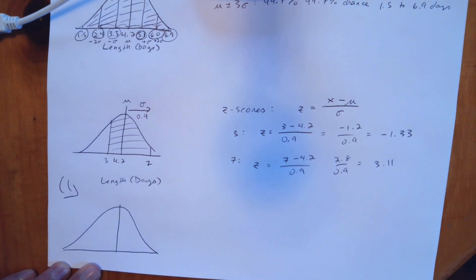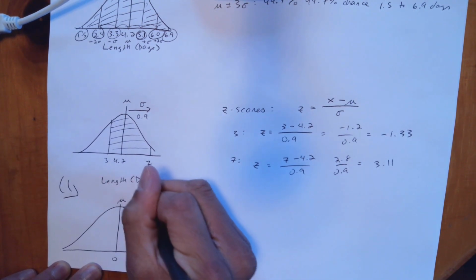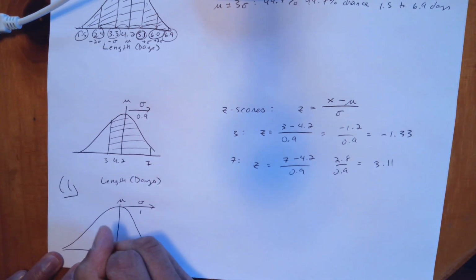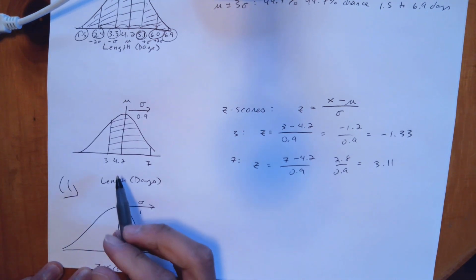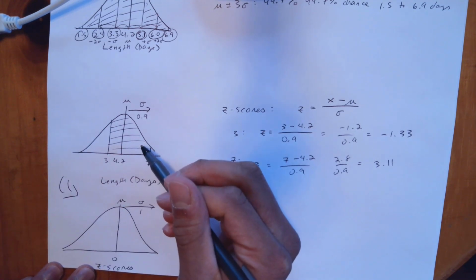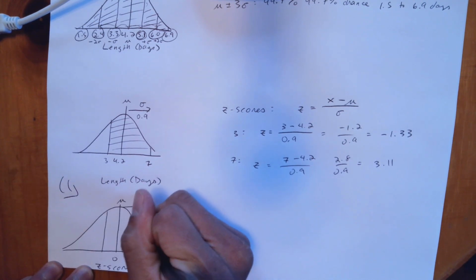And if you recall from last week, a standard normal distribution always has the exact same characteristics. It always has a mean of 0 and a standard deviation of 1, and the units that we're counting in are z-scores. And any variable can be converted into z-scores. When we do that, nothing about the distribution changes except the units that we're counting in. So we're going to have our lines in the same place.